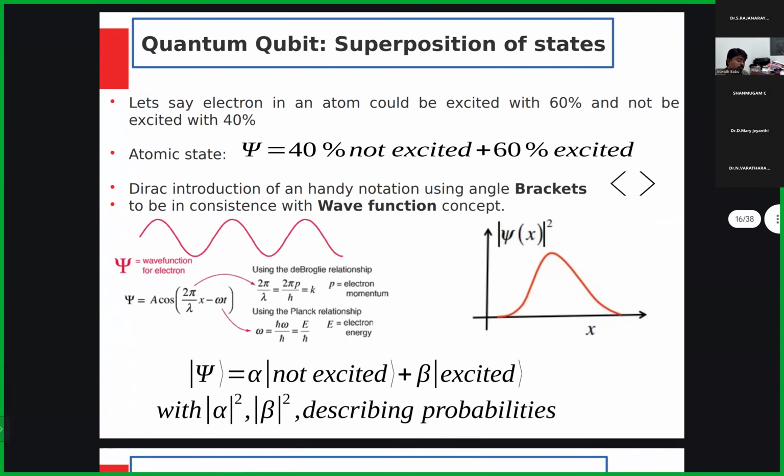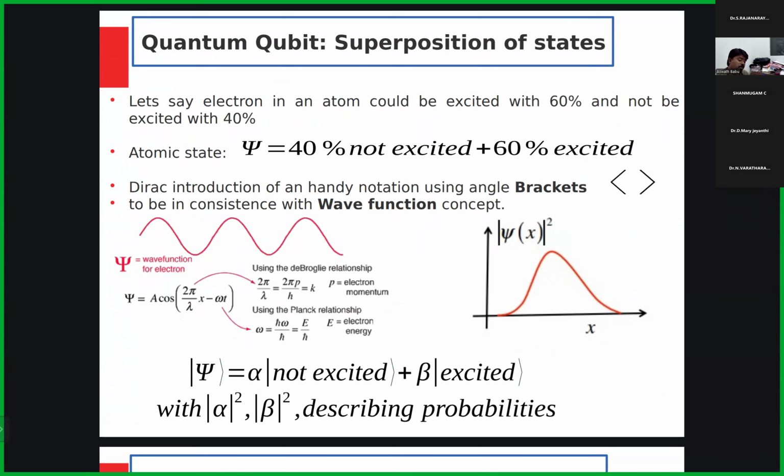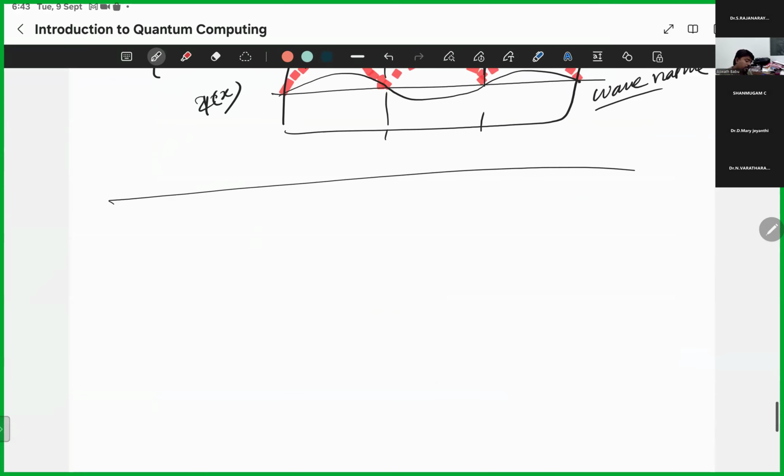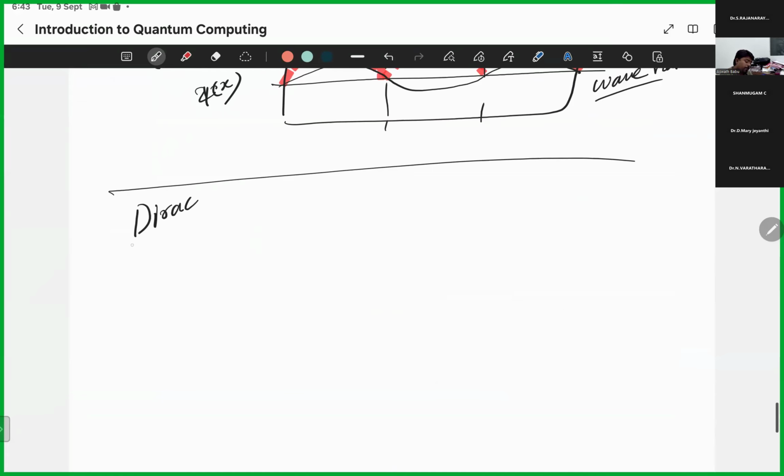So for that, what Dirac thought is, can we introduce a new notation called bra-ket notation? Let me use my hand notes there. So Dirac introduced a bracket notation. He took the word bracket, and on the left-hand side he added a left angle, and on the right-hand side he added a right angle.